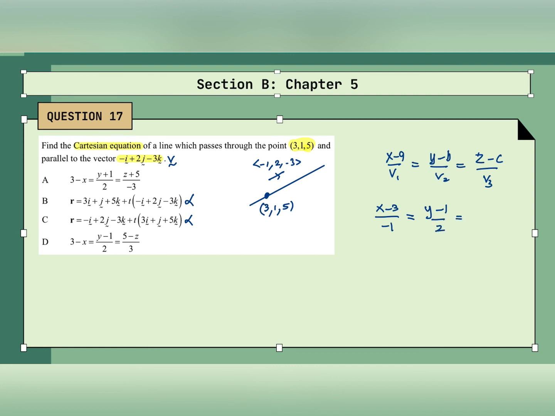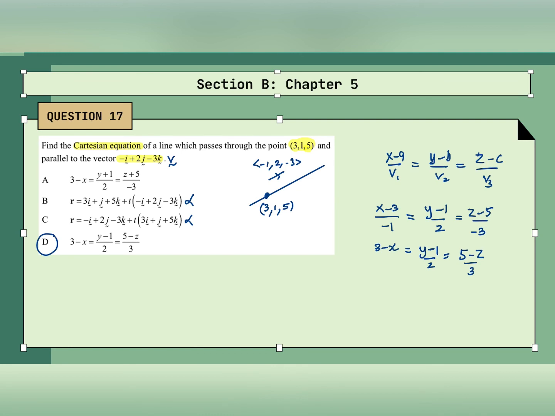Dan z kita adalah z minus 5 over negatif 3. Ok, tak ada jawapan X tolak 3. Tapi sebenarnya kalau kita darab masuk negatif ni dekat atas, kita akan dapat 3 minus X equals y minus 1 over 2 equals, dan last sekali adalah negative 3 bawah atas kan. So dia akan jadi 5 minus z over 3. So the answer adalah D.